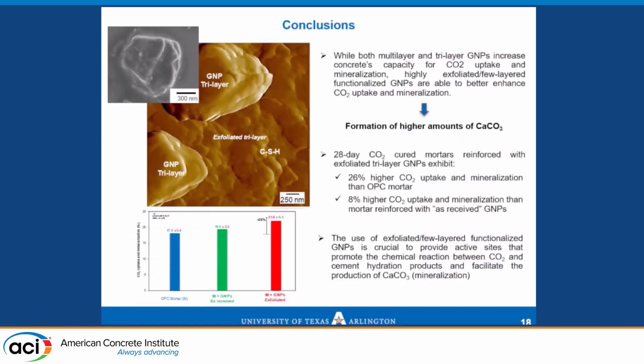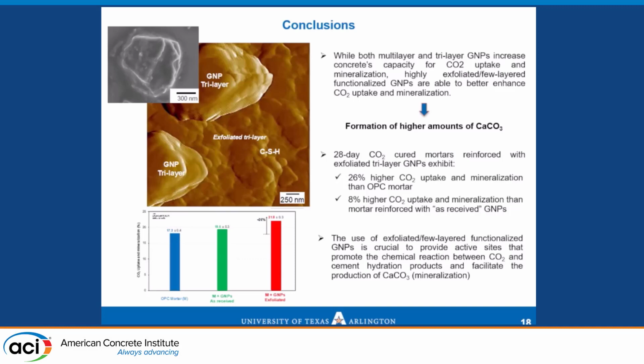So, I would like to conclude my presentation with some important remarks. While we can use both multi-layer and tri-layer GNPs to increase the concrete's capacity for CO2 uptake and mineralization, the use of highly exfoliated functionalized GNPs is able to better enhance the CO2 uptake and mineralization due to the formation of higher amounts of calcium carbonates.